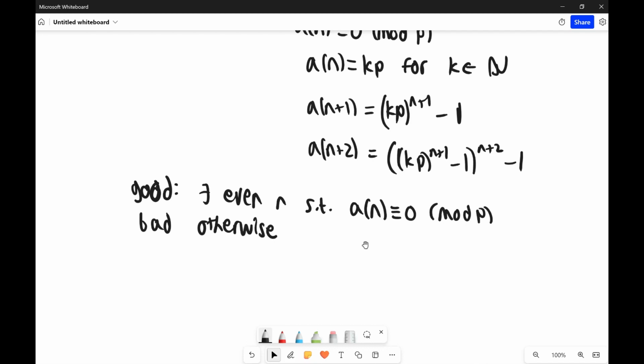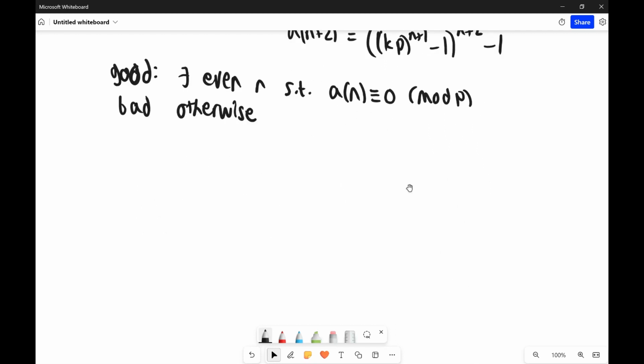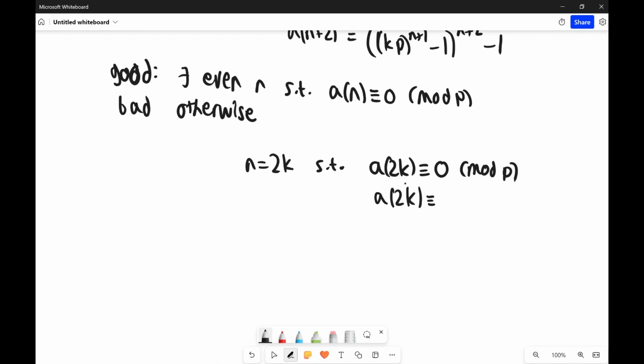Now let's go ahead and solve the problem for good p. Given this idea above, let n = 2k such that a(2k) is equivalent to 0 mod p. Then a(2k) is equal to some positive integer x times p. Then plugging this in as above, we get a(2k+2) = (xp)^(2k+1) - 1 to the power 2k+2, minus 1.